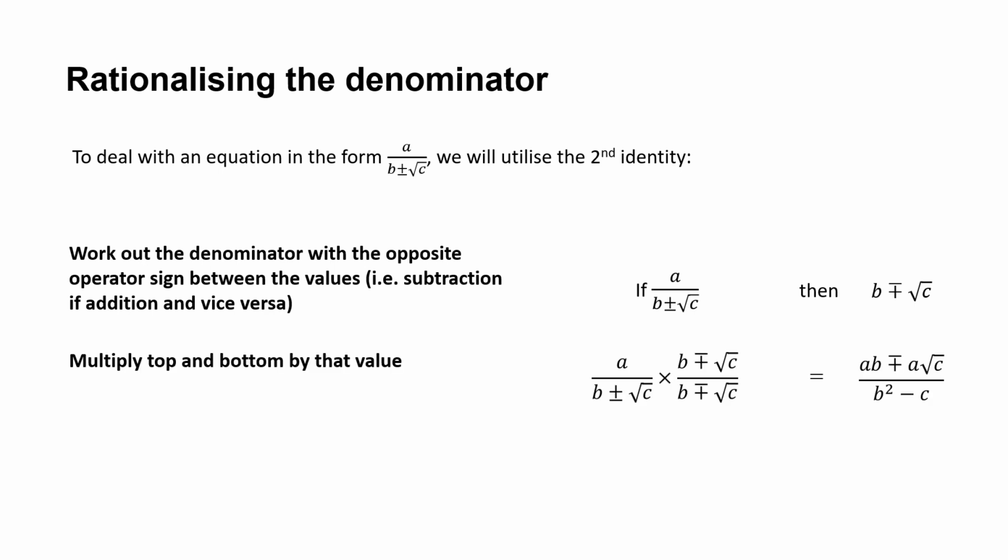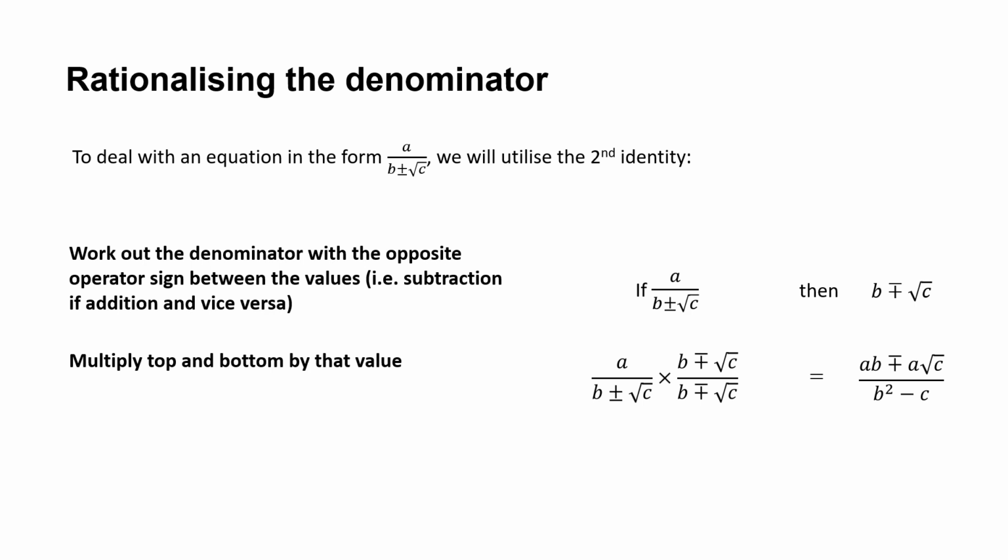So what we're going to do now is multiply top and bottom by this denominator term that you've just worked out, but obviously with the opposite sign. So let's imagine that we have a over b plus root c, then we'd multiply top and bottom by b minus root c.